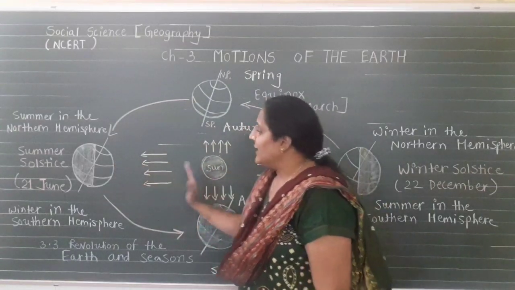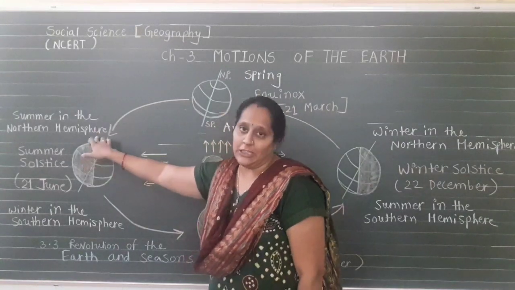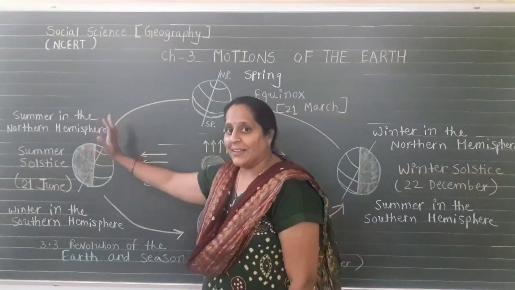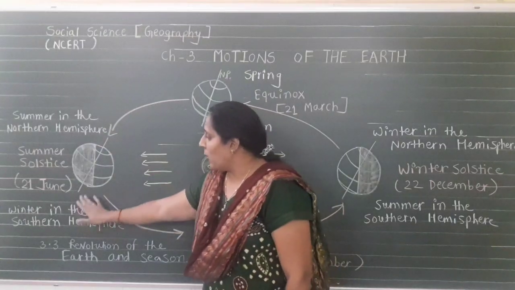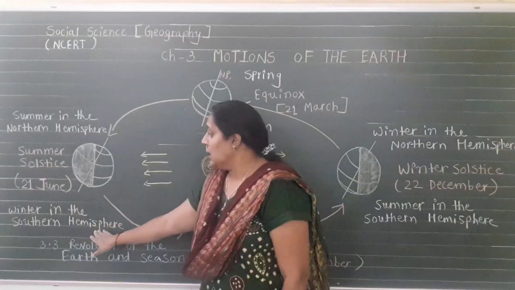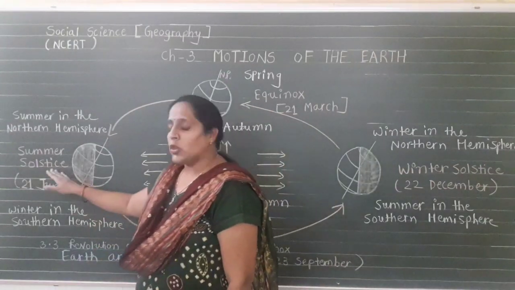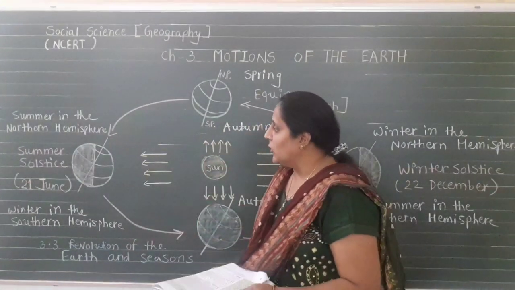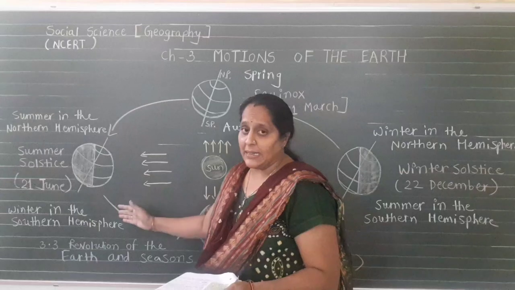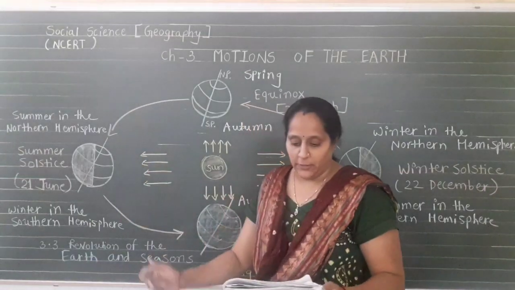Okay. So at this time you see summer in the northern hemisphere, and at the same time in the southern hemisphere, in this portion, you see winter. That's why it is called the summer solstice. So on 21st of June you see the seasons change according to the revolution of the Earth.